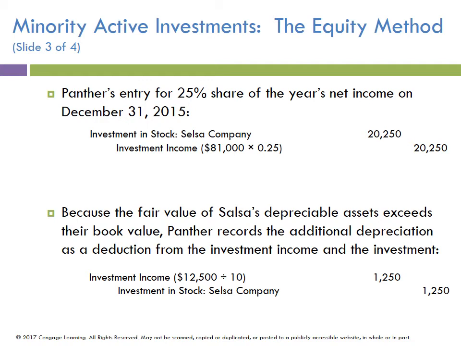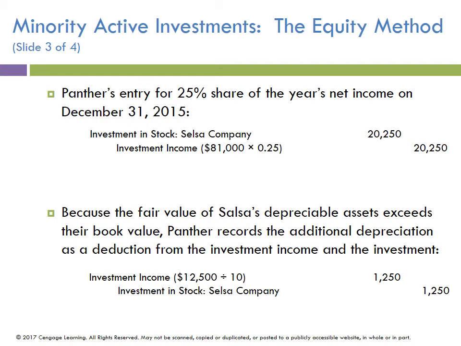Their $125,000 is part of the depreciable assets values of $450,000, not $400,000. That's what they're buying here. They're buying the net assets as of the date where they're valued at $450,000.